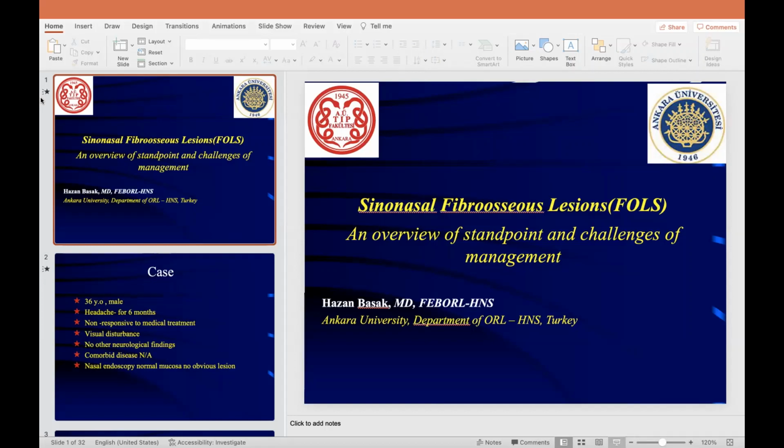For fibrous dysplasia cases, it will be more about the relation with neurovascular structures and orbits. So it will be wise to do magnetic resonance imaging if you have access to that. But if you don't, it is perfectly okay to use your CT scans only.